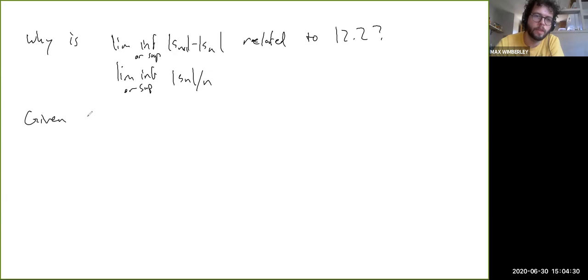Given Sn not equal to 0, we could define Tn by Tn equals the log.